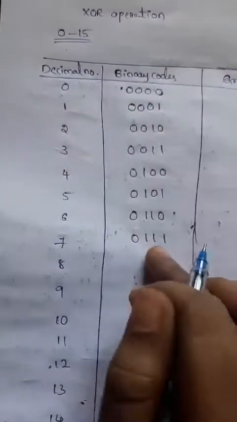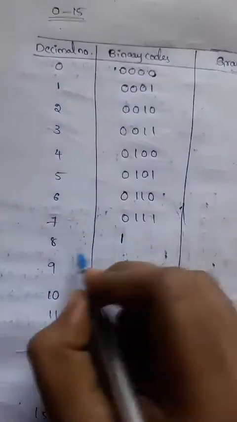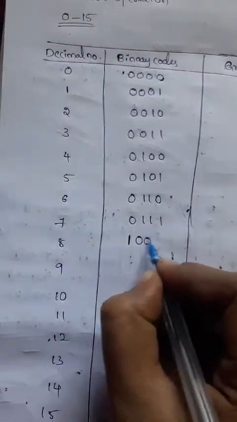After 7 we need to write 8 to 15. How do we implement that? For 8, the first digit is 1 and the remaining digits are all zeros.